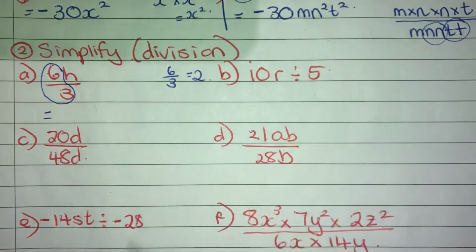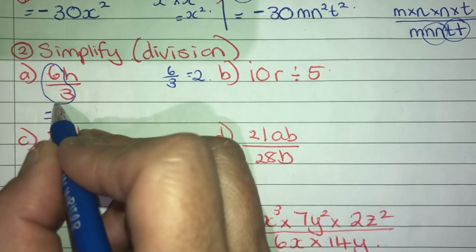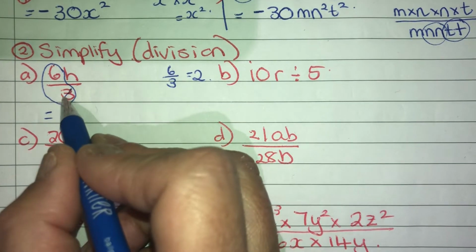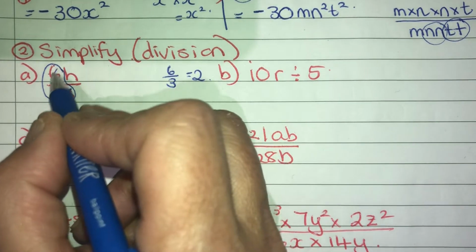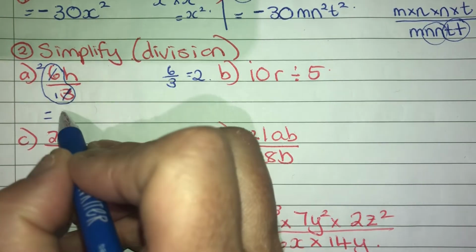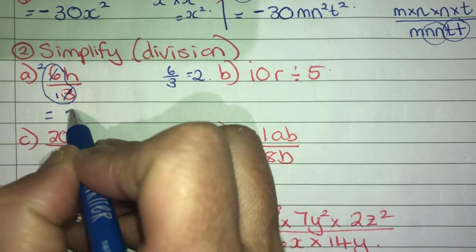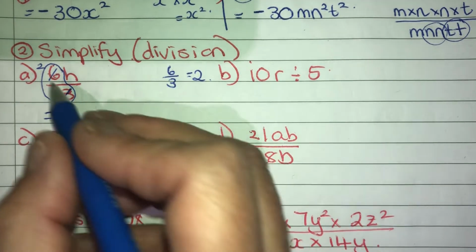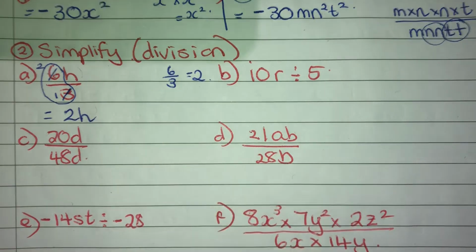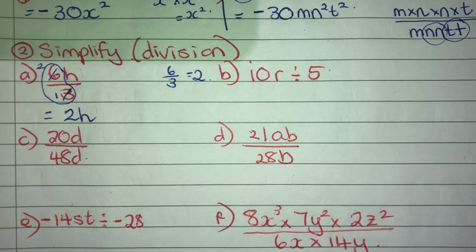We know there are 2. Or the other way you could do it is what number goes into both of these? 3 does. 3 goes once into 3, and it goes twice into 6. So we are left with the 2. There's a 1 on the bottom, so we don't need a denominator. So it's just 2, and the only letter we have there is an H. So we're going to have an H as well.